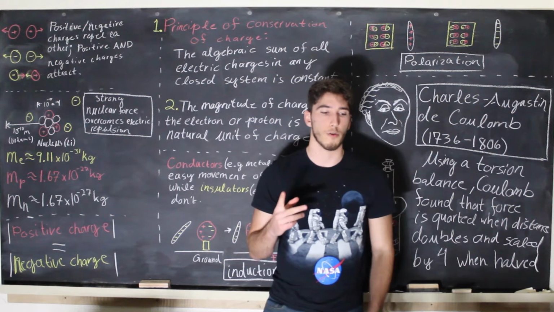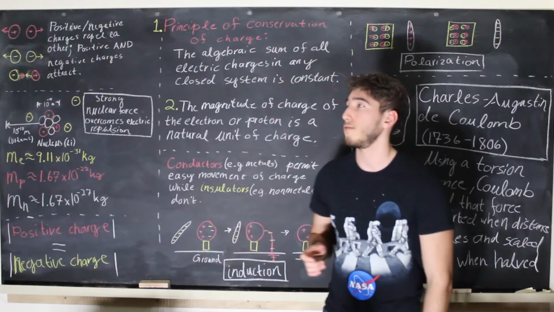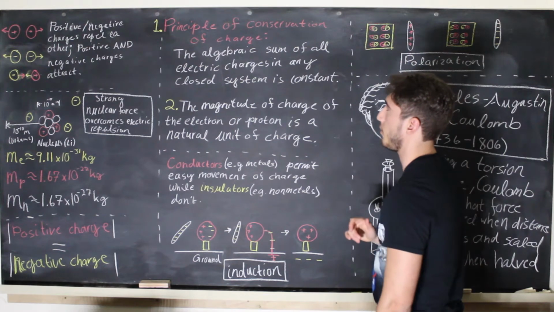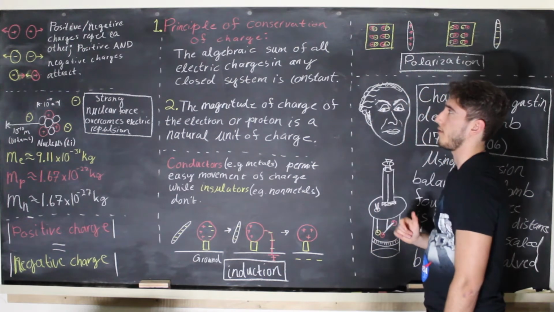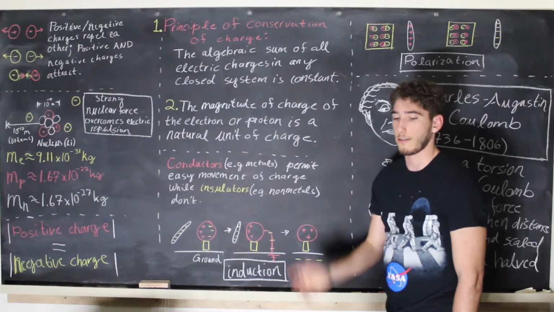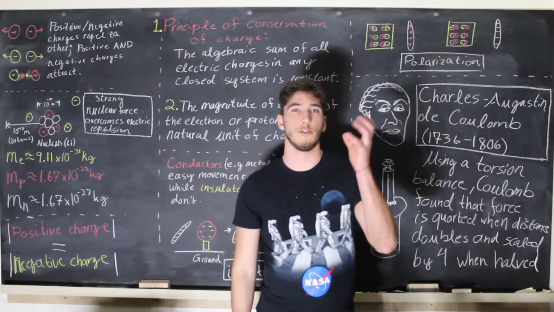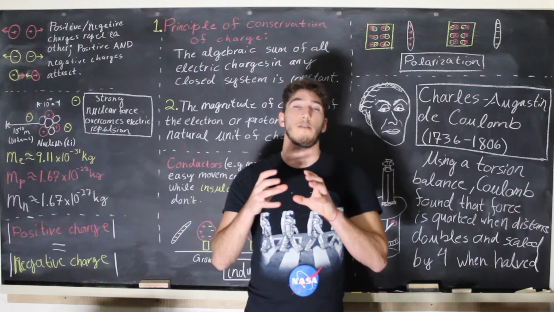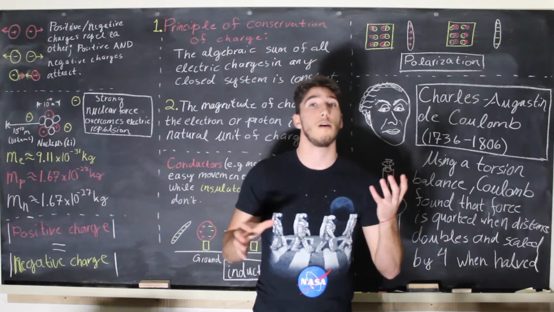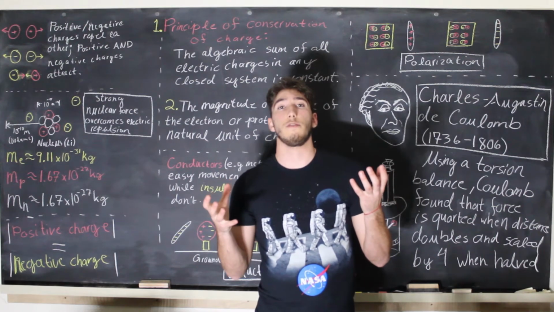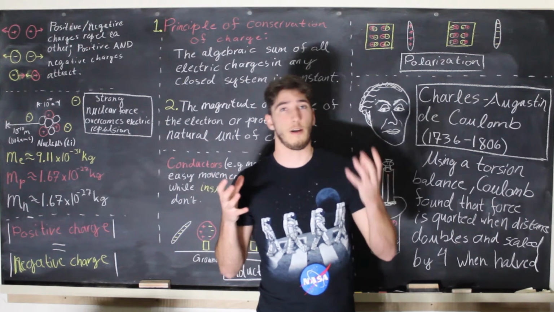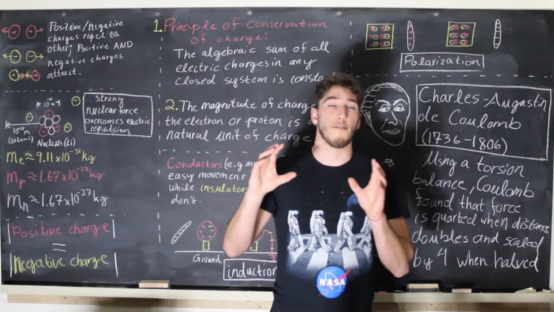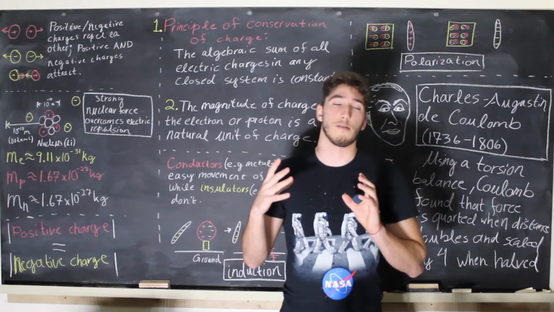There are two important principles in respect to charge interactions. The principle of conservation of charge, which states that the algebraic sum of the electric charges in any closed system is constant. For example, if I have a neutrally charged object and a second one, if I touch them together and one becomes negatively charged and the other becomes positively charged with the same magnitude, there have been no charges which have left the system or entered the system.